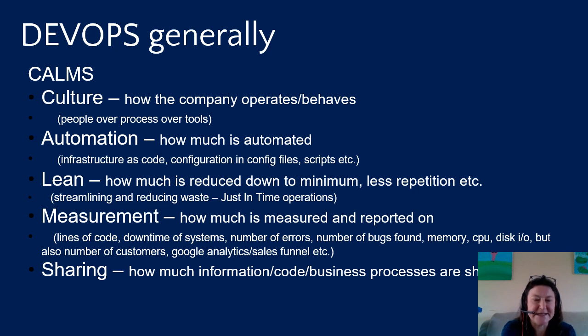Sharing is key to DevOps too. How much information can be shared between teams, how much code can be shared between teams in packages, for example. You can make NuGet packages or NPM packages that can be shared between teams so that there's common functionality that only has to be developed once and can be reused.